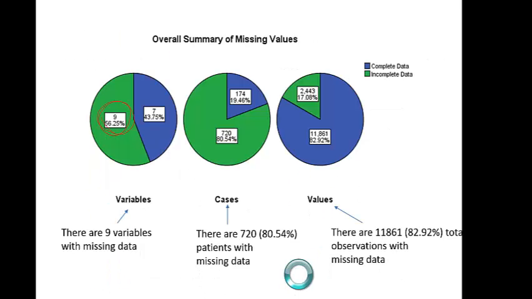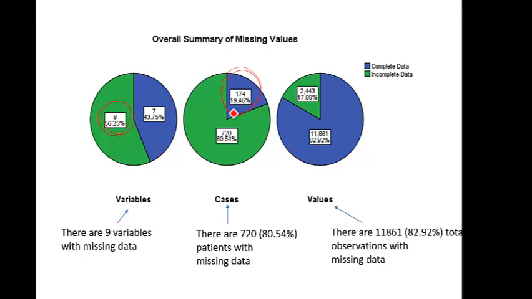And SPSS can tell you how many patients have at least one variable with missing data. Surprisingly, for 720 patients out of 894, at least one of the variables included in the linear regression is missing, and therefore the final analysis only used the data from 174 patients. That's shocking news, isn't it?